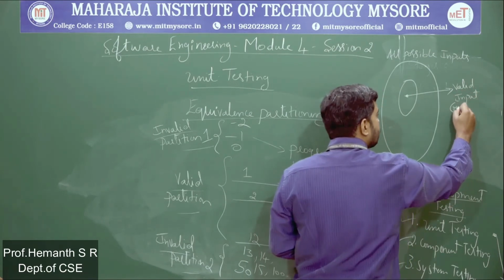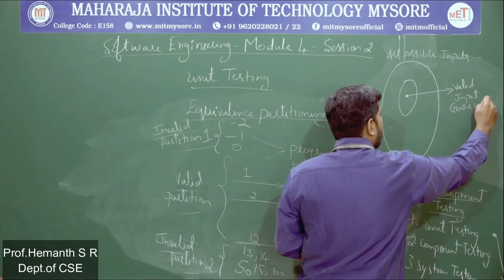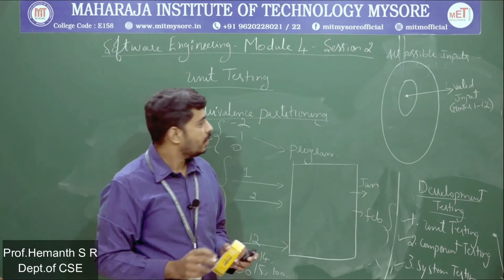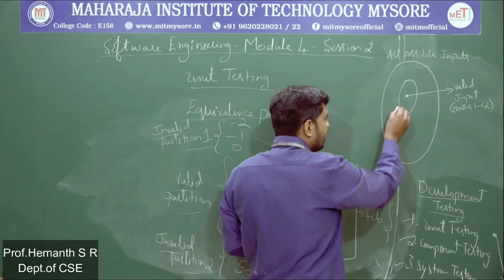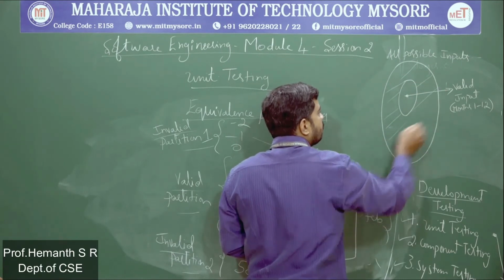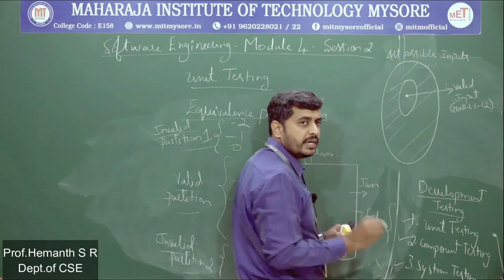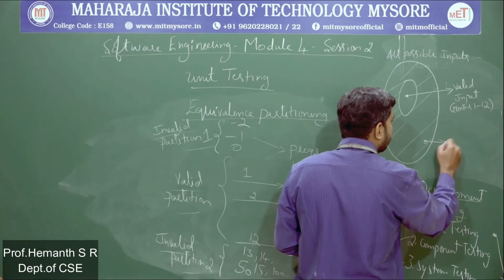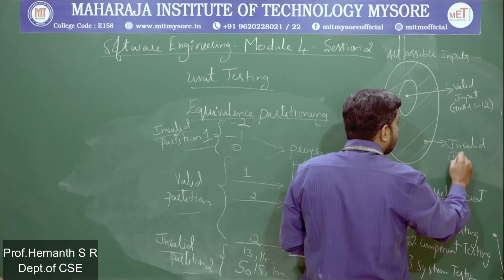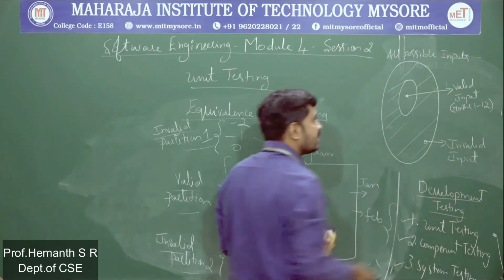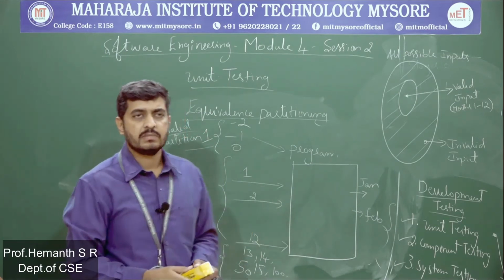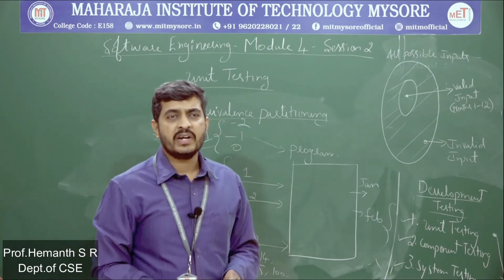In my example it is months 1 to 12. So months 1 to 12 will be treated as valid input, and whatever you are seeing outside this circle will be treated as invalid input. So this is a graphical illustration of equivalence partitioning. You can see the division is there. So we have divided it.